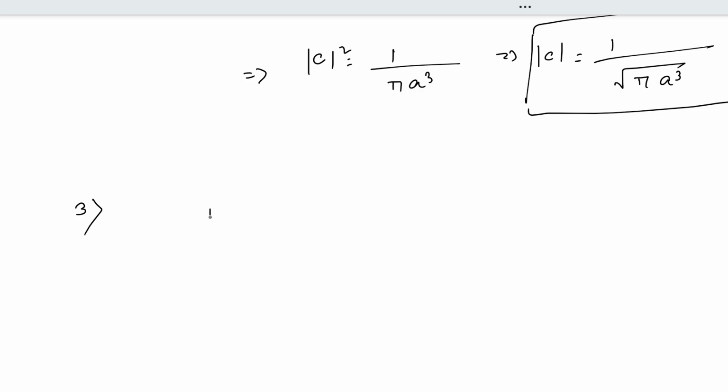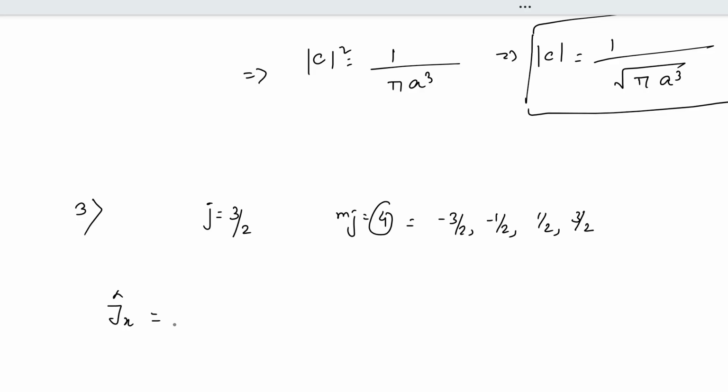So as I said, this is a j equal to 3 by 2 kind of a problem, where there are four mj values: minus 3 by 2, minus half, plus half, plus 3 by 2. Now, how to write your J cap operator matrix form?